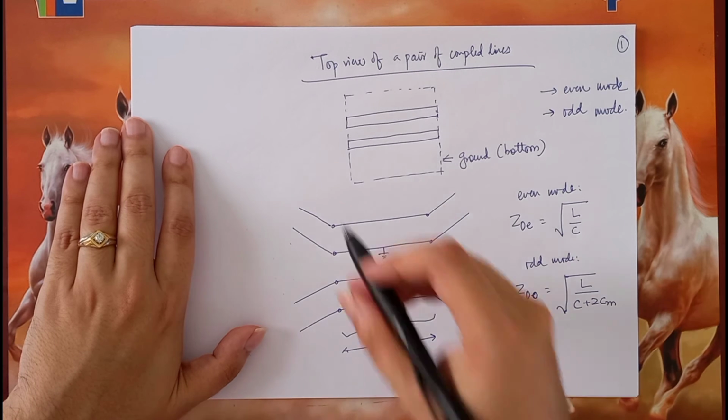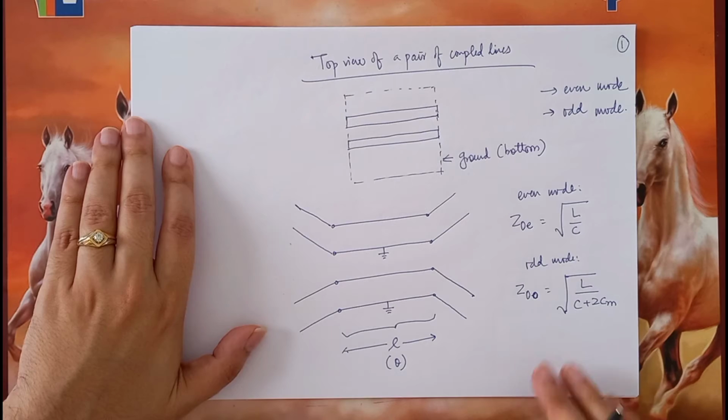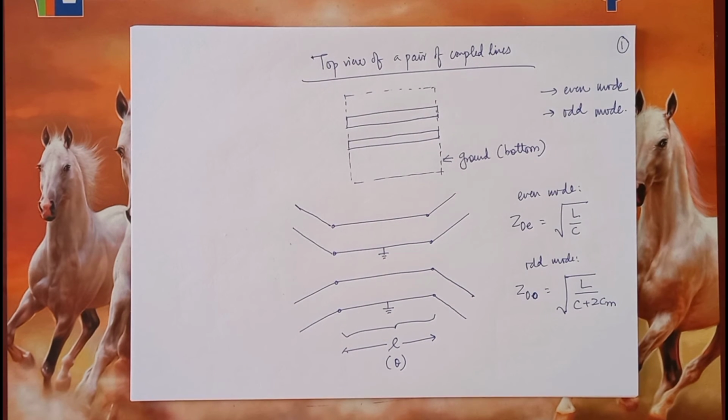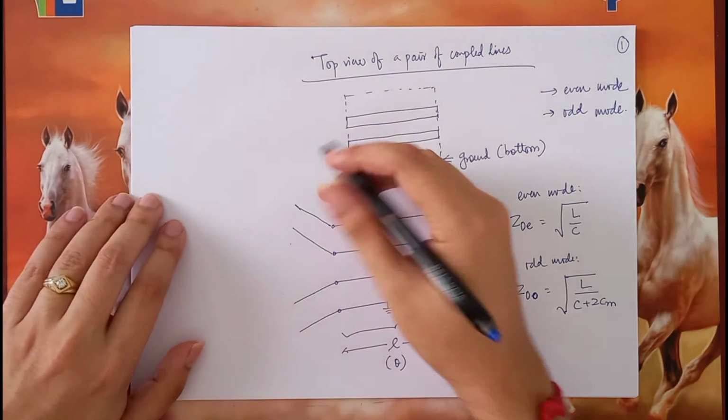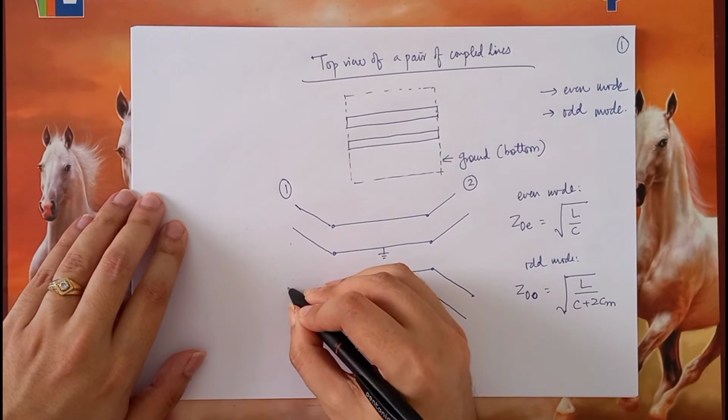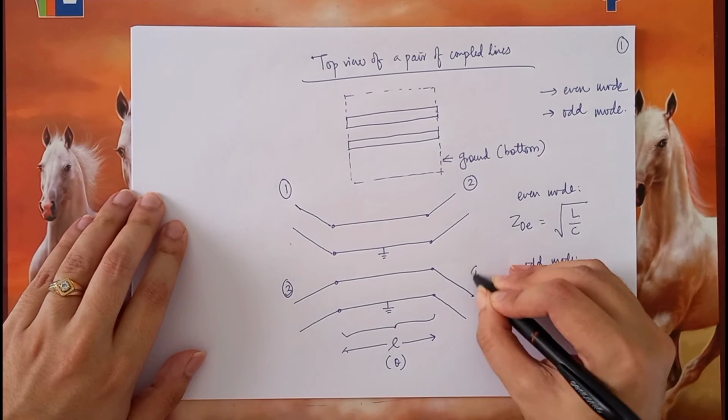I can essentially say that this entire coupled line structure looks like a 4-port network. Let us say this is port 1, this is port 2, this is port 3, and this is port 4.